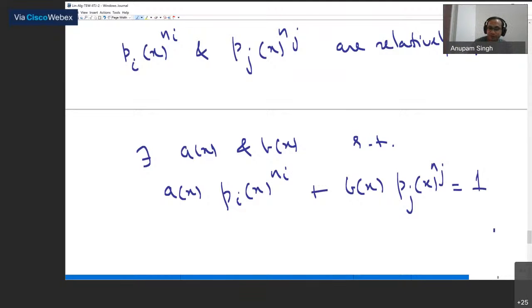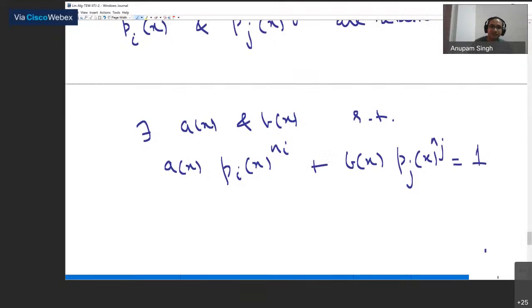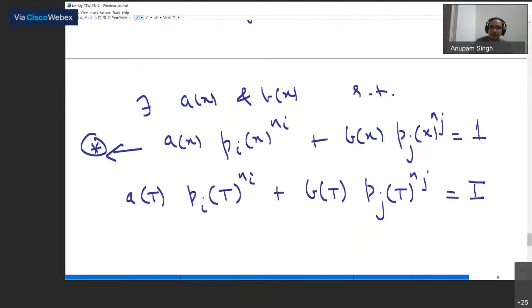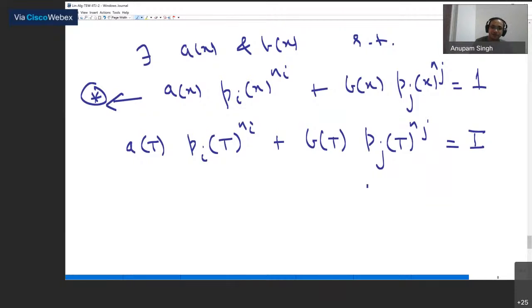All right. So let's use this. Let's call this equation star. In this equation, I substitute T, so I get an equation for T: a(T) Pi(T) to the power Ni plus b(T) Pj(T) to the power Nj equal to, what is 1? 1 is the identity matrix. So I have to say this is identity. Now apply the vector v.